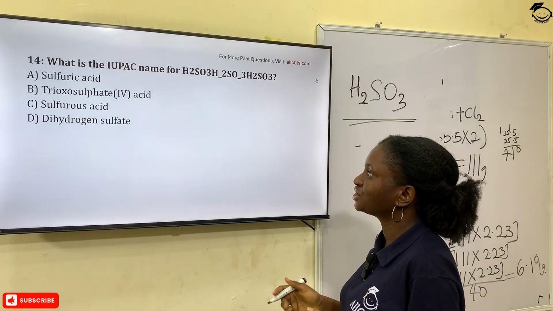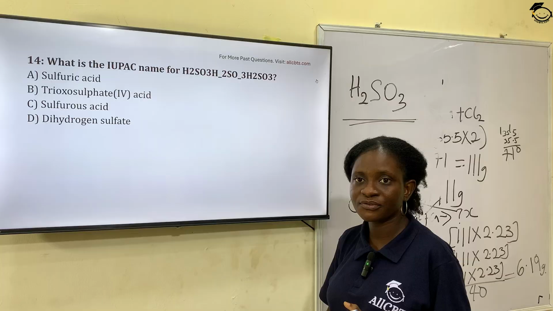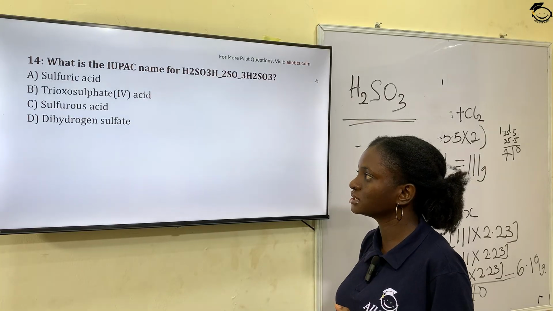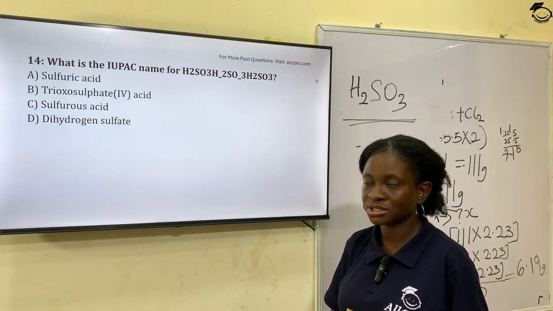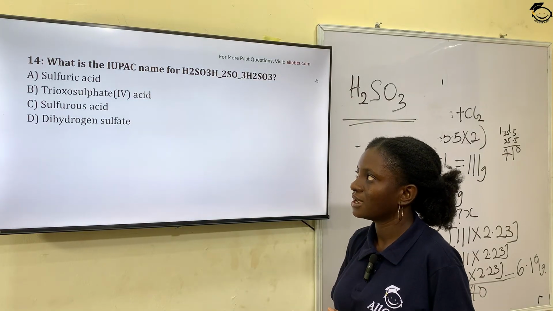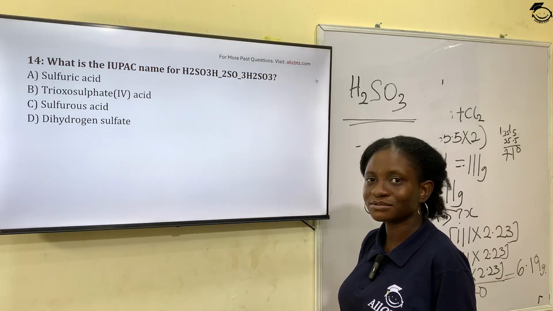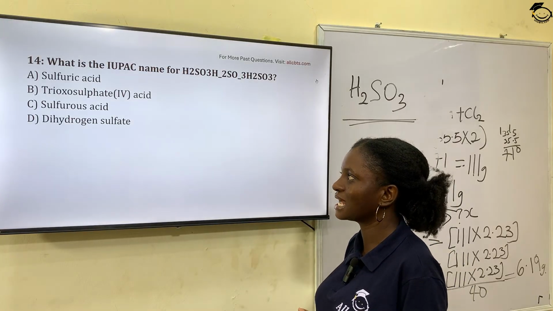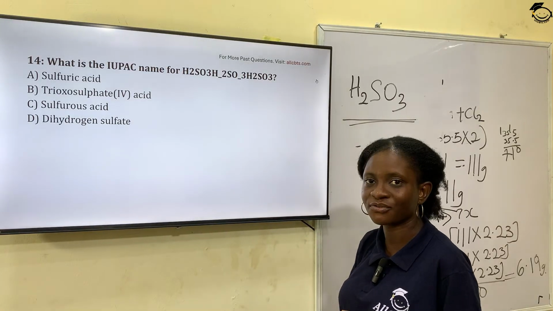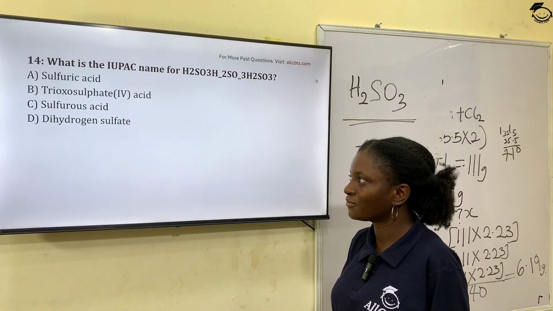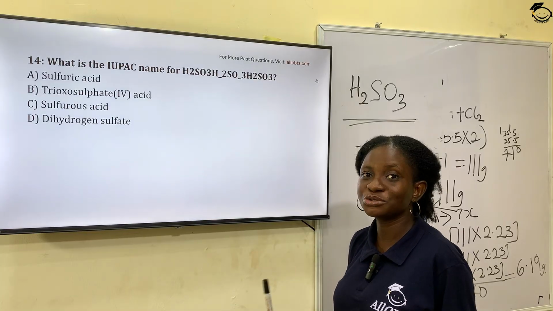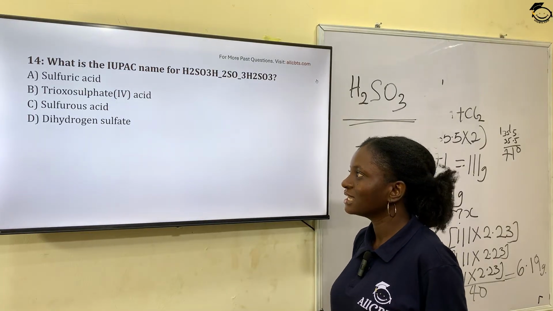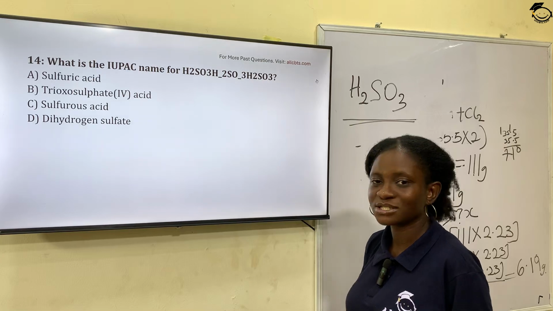Option B, trioxosulfate(IV) acid. Option C, sulfurous acid. Option D, dihydrogen sulfate. It's kind of tricky. We have two correct answers here. It can be trioxosulfate(IV) acid or sulfurous acid. But the one that is commonly used and accepted is sulfurous acid, option C.